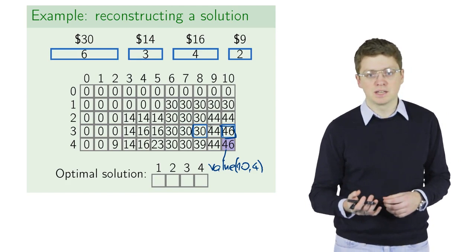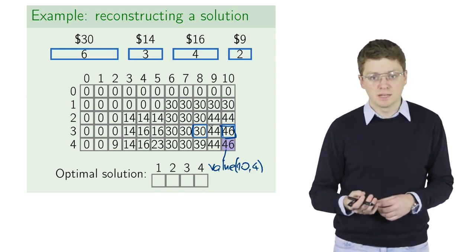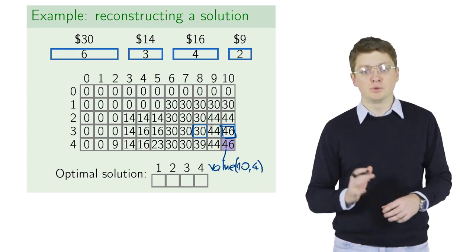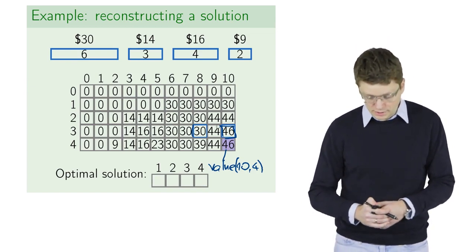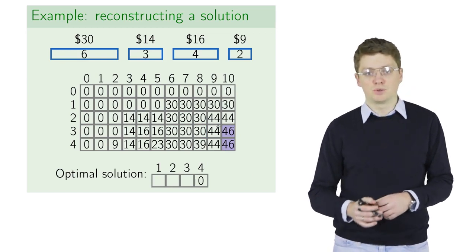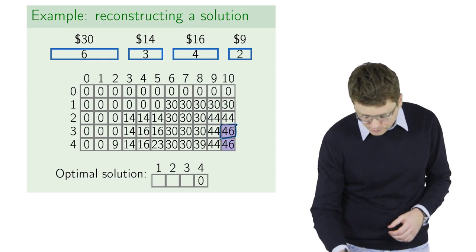In this particular case, the maximum is equal to 46, which means that we decided at this point not to use the last item, right? So we put 0 into our Boolean array to indicate this, and we move to this cell.